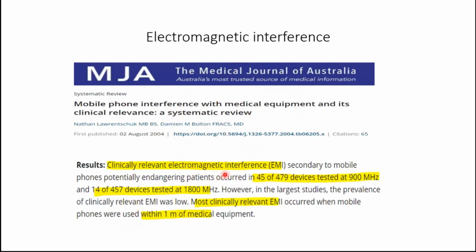And electromagnetic interference was defined as a change or interruption in volume delivered, say volume delivered by an infusion pump, or a change in ventilator settings, or a change in alarm limits set in a monitor. Out of 479 devices, 45 showed clinically relevant electromagnetic interference at 900 megahertz, and 14 out of 457 devices showed EMI at 1800 megahertz.